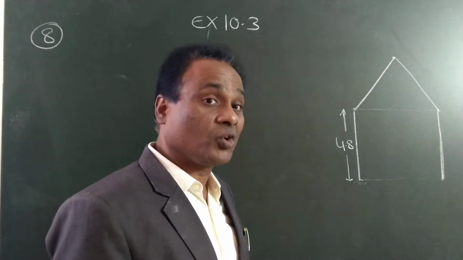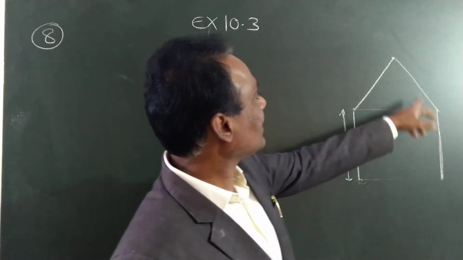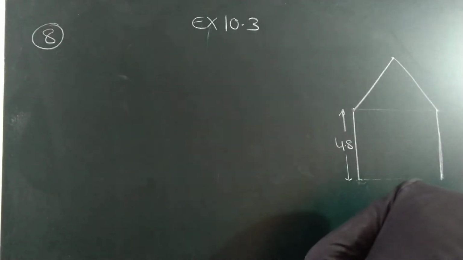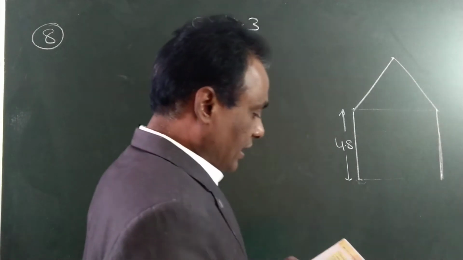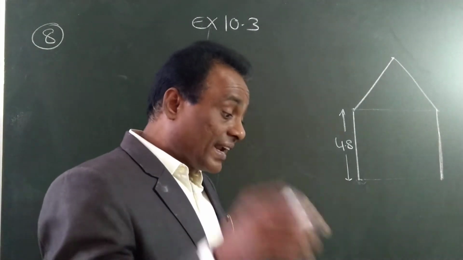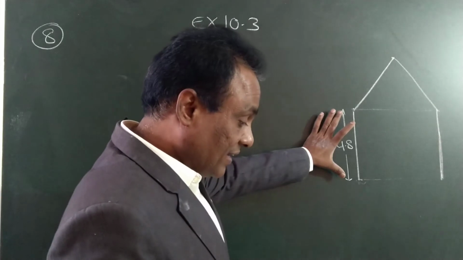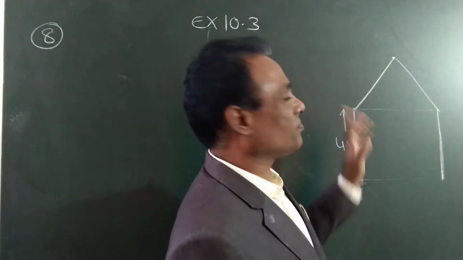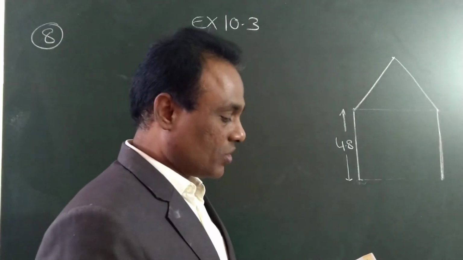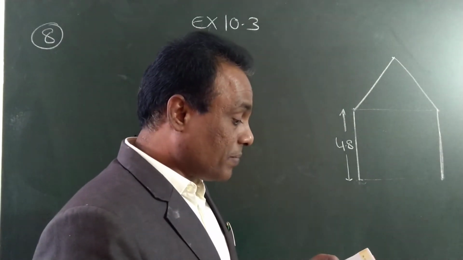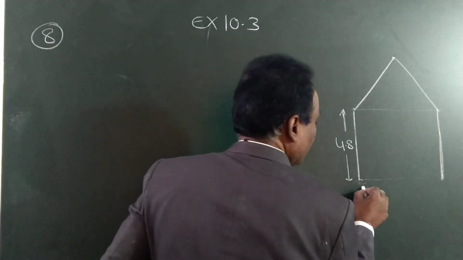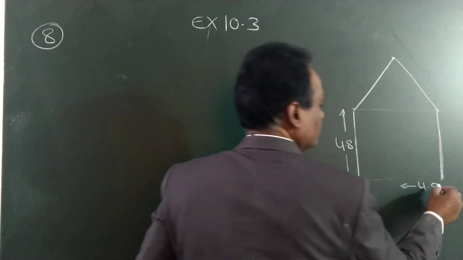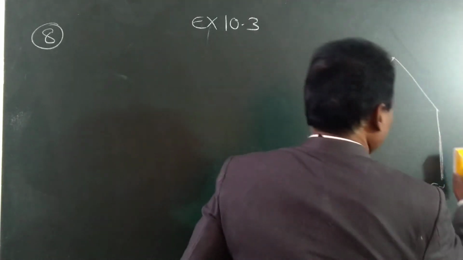Tent is in the shape of two solids: one is a cylinder, on it a cone. Like this. A tent is cylindrical to a height 4.8 and conical above it. The radius of the base is 4.5.